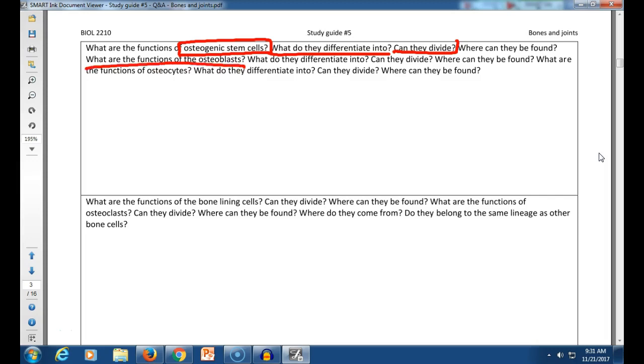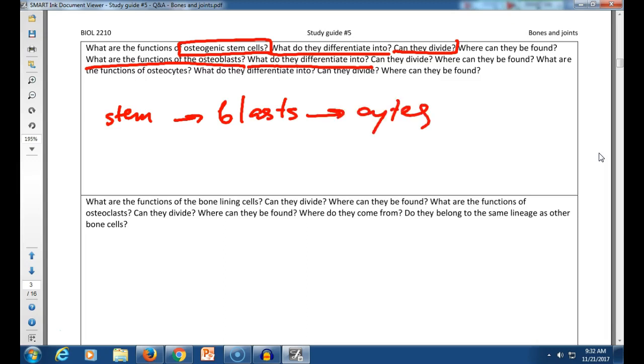Functions of the osteoblasts. They produce bone matrix and differentiate into osteocytes, so you can say stem, blasts, cytes. Can they divide? No. They can be found inside of the bone, whether it's compact or trabecular.